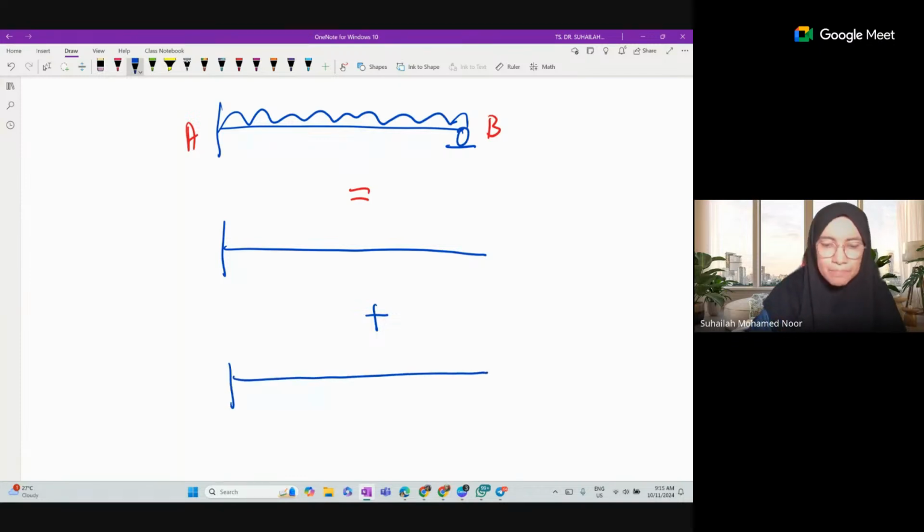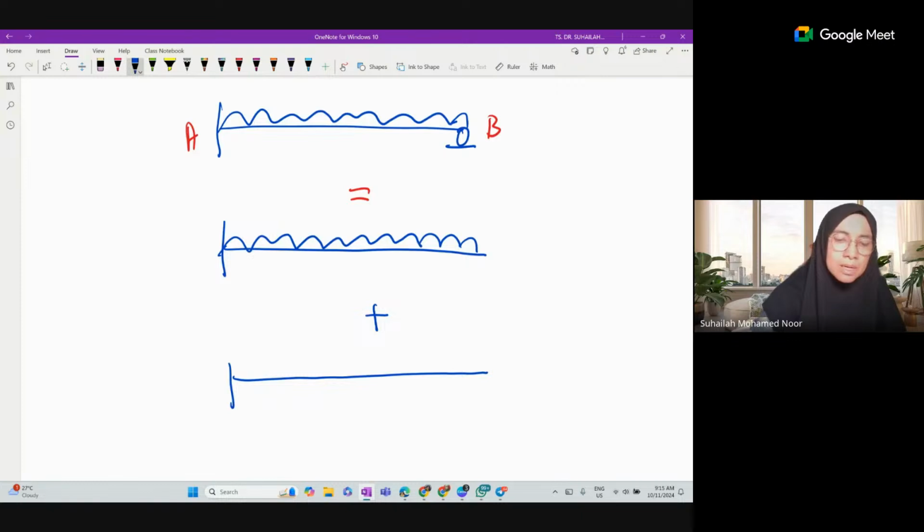The first is the cantilever beam subjected to all external loading, and the second is the redundant beam.